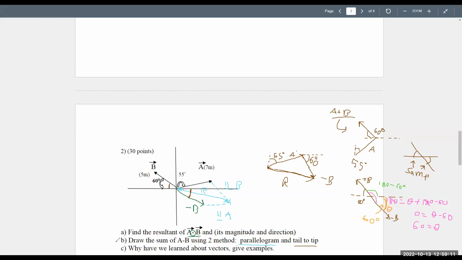Let's say this is B. So this side is B, and this side is A. You just draw a smaller arrow. I feel like we're going to need more space.